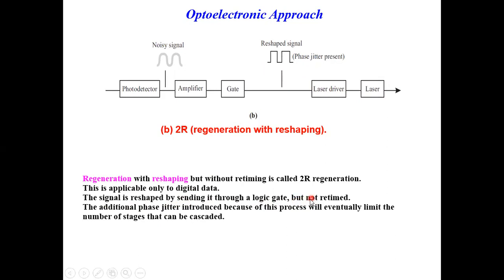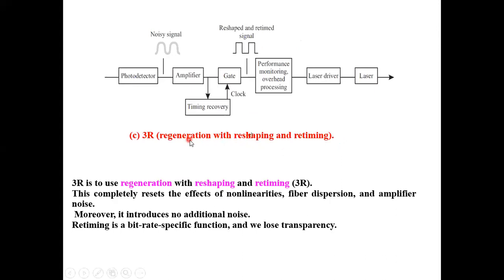But in actual communication, I should be able to regenerate, reshape, and also take care of the timing aspect, because if the timing goes wrong, the entire synchronization between the transmitter and the receiver will be disrupted. So in the next method, regeneration, reshaping, and retiming, along with this gate we have a timing recovery circuit.